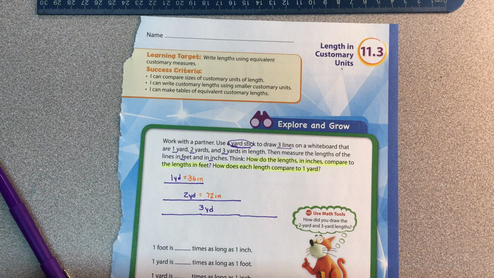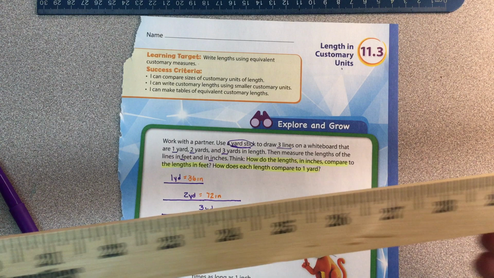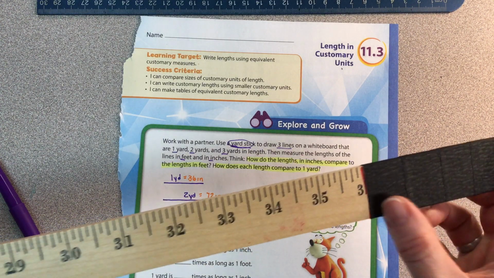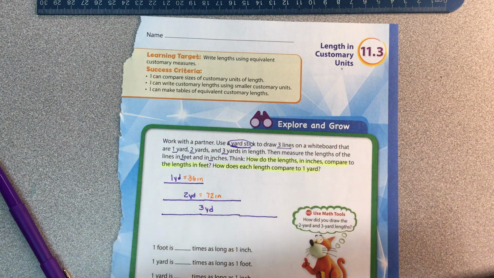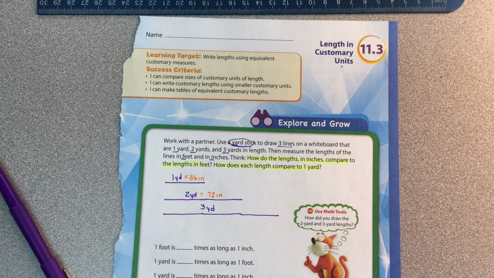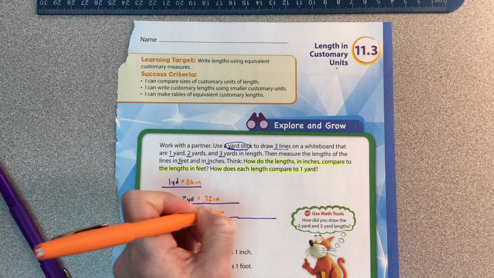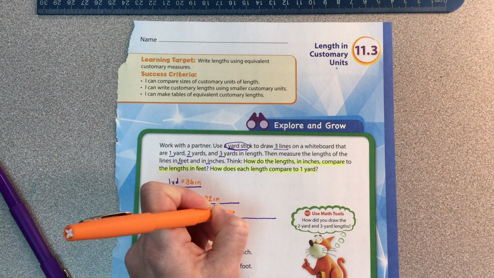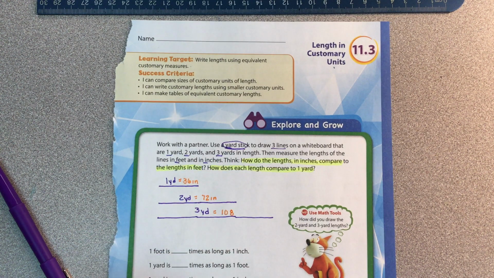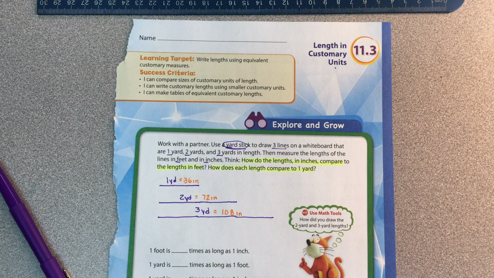And then my 3 yards is going to be that yardstick again, 36 added together 3 times. So 2 times is 72, 3 times is going to be 108 inches.